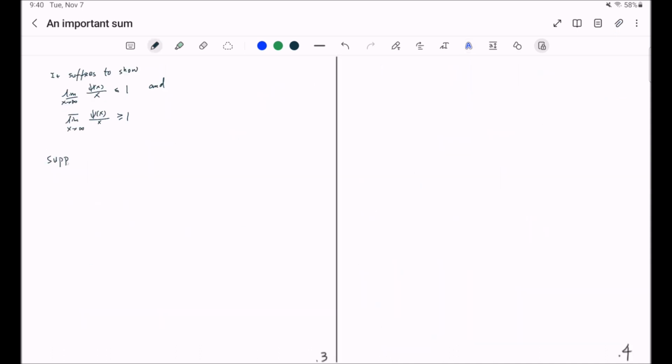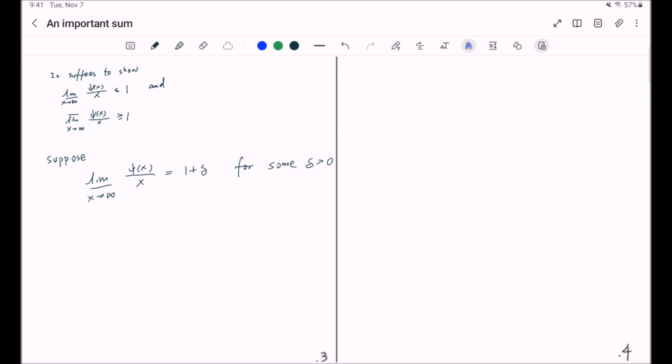Suppose that lim inf as x goes to infinity of psi of x divided by x is something bigger than 1. For example, it is 1 plus delta for some delta bigger than 0. Note that delta must be a finite number because we already know that psi of x has the upper bound that is a constant multiple of x when x goes to infinity.